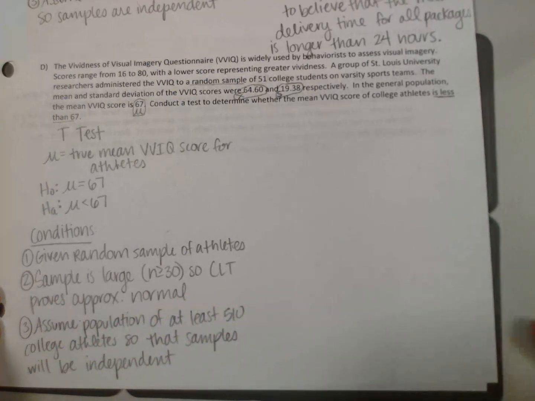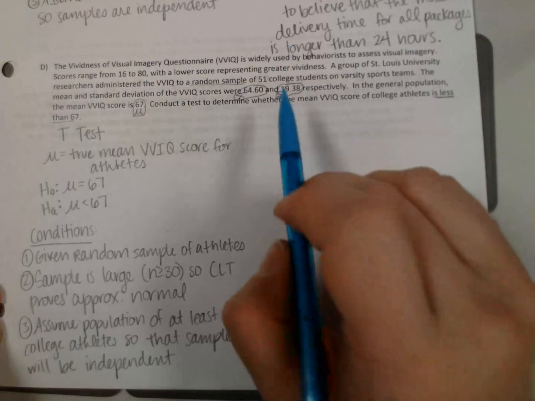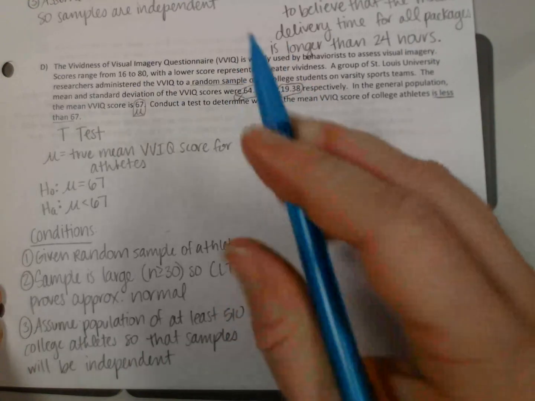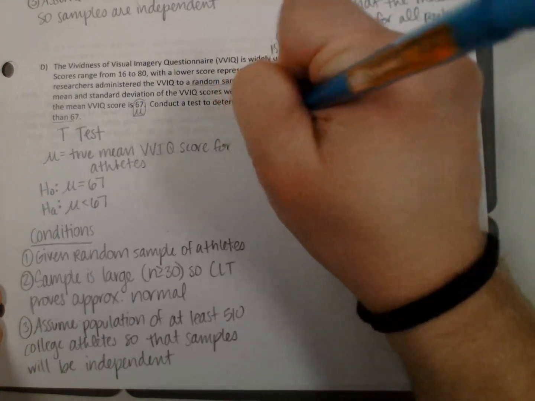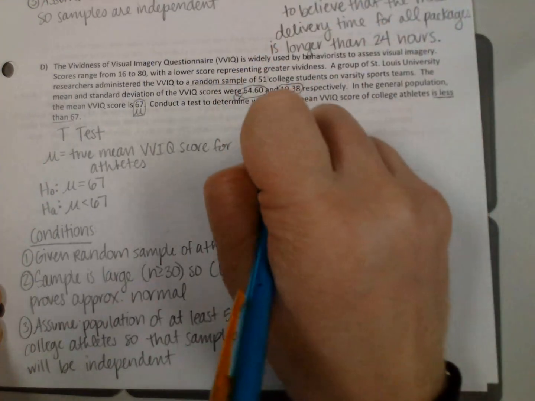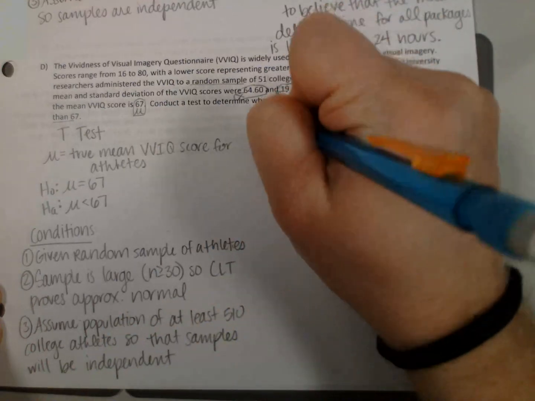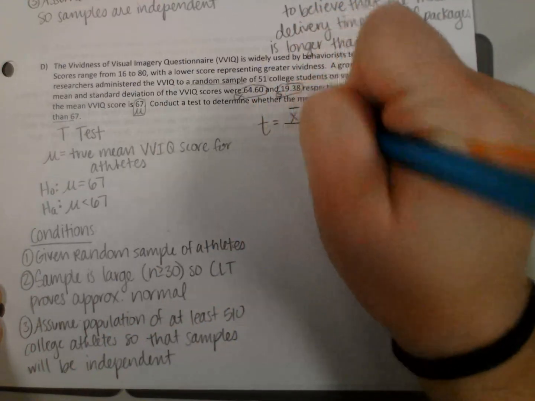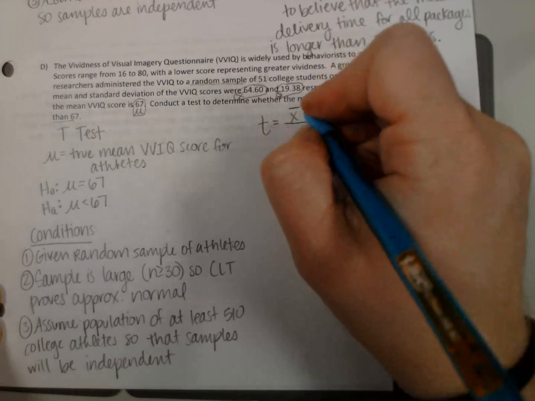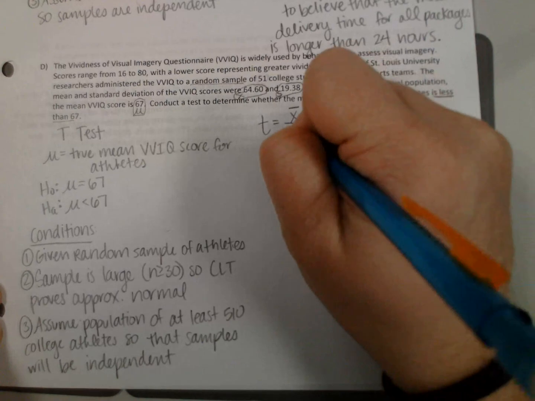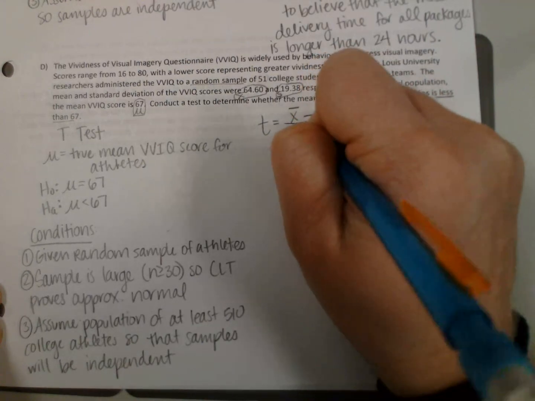Now we're going to get into our calculations here. It's basically the same, but because of the s, we have switched to a t-score instead of a z-score. Our formula for the t-score is basically the same: x bar minus mu divided by the adjusted standard deviation, which in this case will be s over the square root of n.